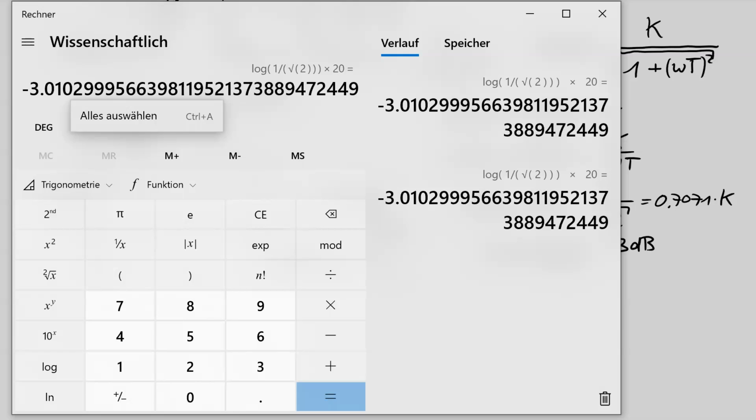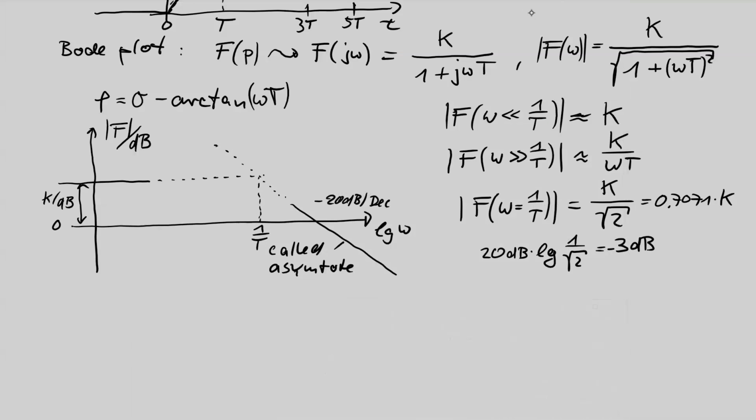It's less than 0.3%. So we have a 3 dB point. You can say, okay, the correct value, let's draw the exact curve. The correct curve starts here, of course, with identical behavior like my asymptotes. Here's a red curve.